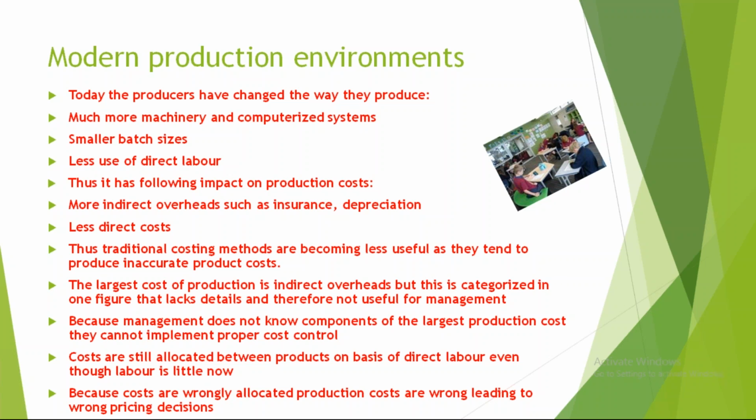Whether you do it manual or automated, the material is almost the same. And therefore, the traditional costing methods we had, apportioning overheads on the basis of labor hours or machine hours, are becoming inaccurate and somewhat outdated, because the largest component of the product cost is indirect overheads.